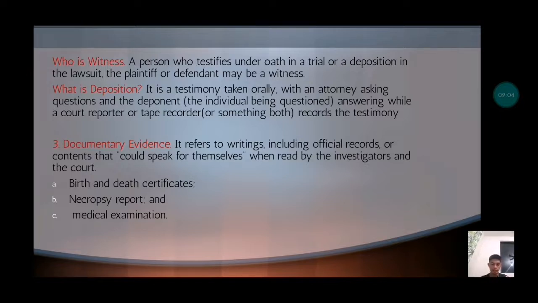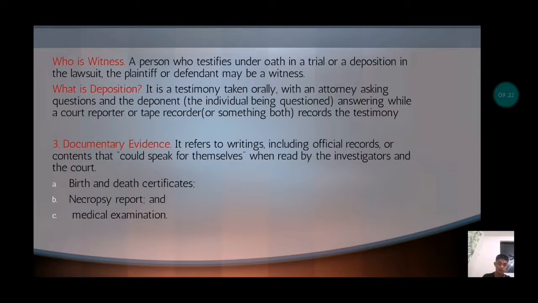Number 3 is documentary evidence. Documentary evidence refers to writings, including official records or contents that could speak for themselves when read by the investigators and the court.